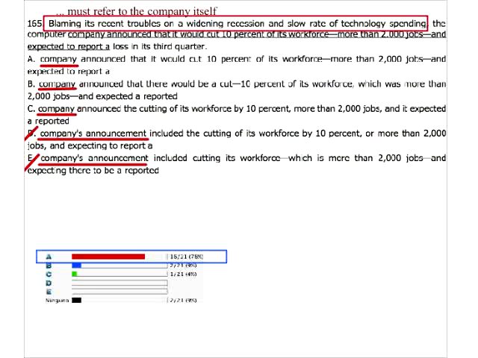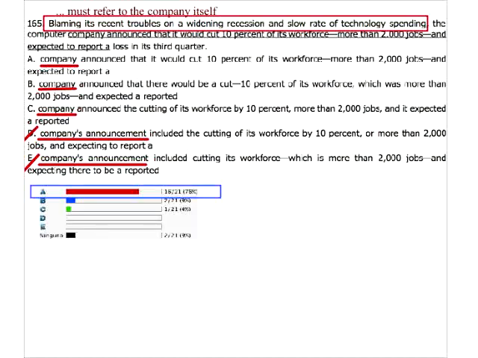Quickly go through those three options and take a look at them. Remember that you want to figure out the meaning of the sentence first. The meaning of the sentence here is that the company announced two things. The first thing that it announced was that it would cut 10% of its workforce.